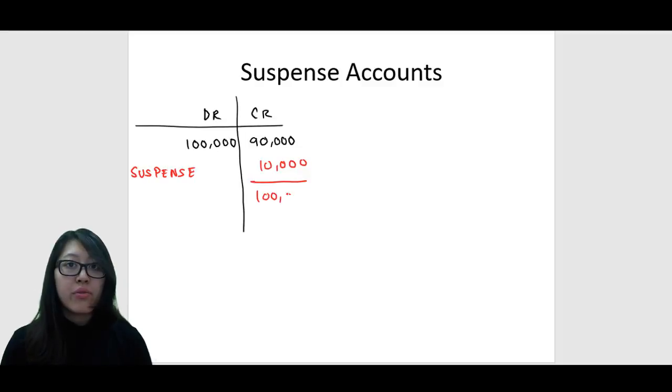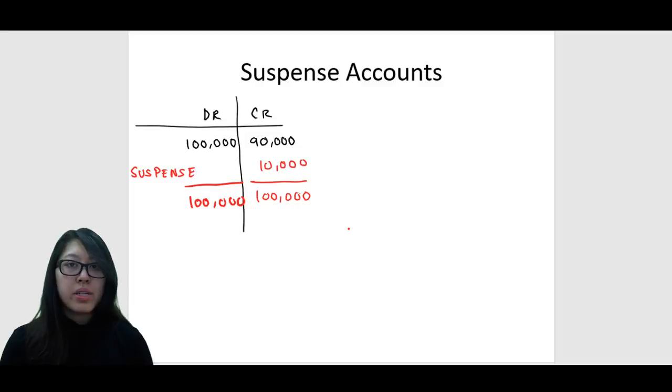But I can't keep it there forever, because that means an error has occurred and I need to go back and figure out where the error lies and try to reduce the suspense account wherever possible. Because in here the credits are lower, I'm going to put the suspense account on the credit side to increase it to make it match with the debit side.